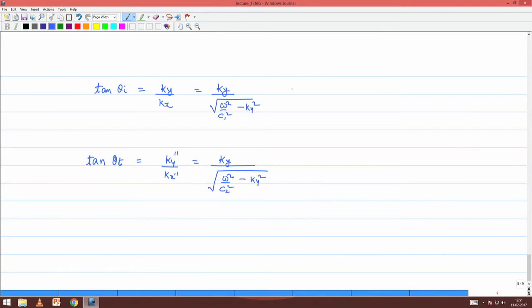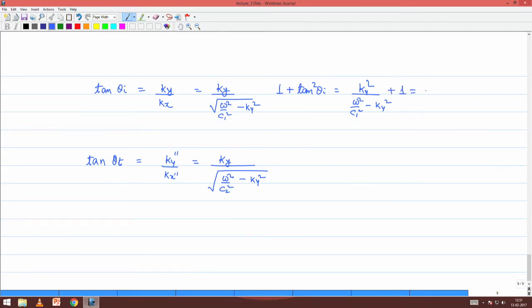So, with this as tan theta, let us try to evaluate what sin theta is, but we will do that in steps. So, tan square theta I is k y square divided by omega square by c 1 square minus k y square, and 1 plus that is sec square theta.